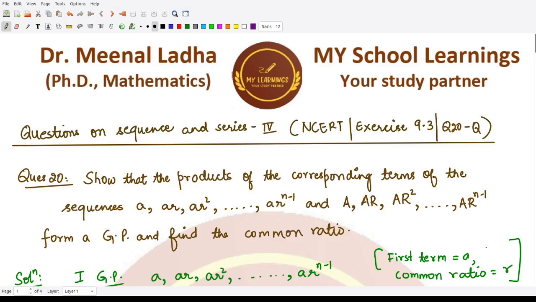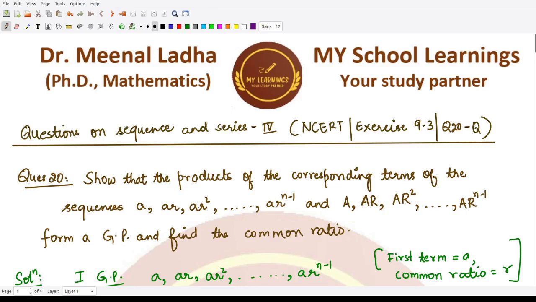Remember we have studied this kind of question where instead of these alphabets a, r, we were given numbers. We needed to multiply those numbers and tell what the common ratio is and what the sum of those numbers in the GP is. Here we are given not the numbers but the alphabets.